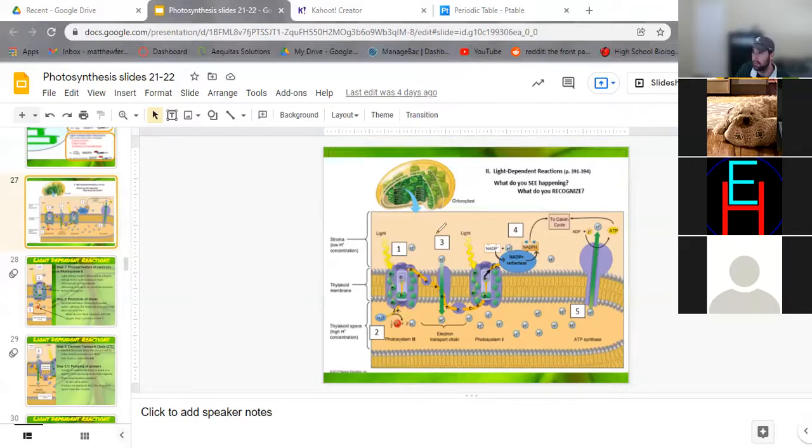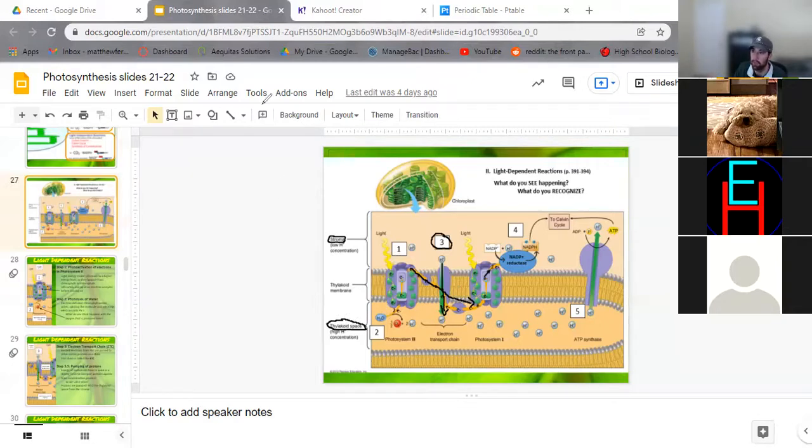Step 3, we said, was actually like 2 different pieces. First thing is the protons that we just energized in photosystem 2 get passed through the electron transport chain. And while that happens, protons are pumped against their gradient from the stroma, the outside space of a chloroplast, into the thylakoid space, which is a high concentration.